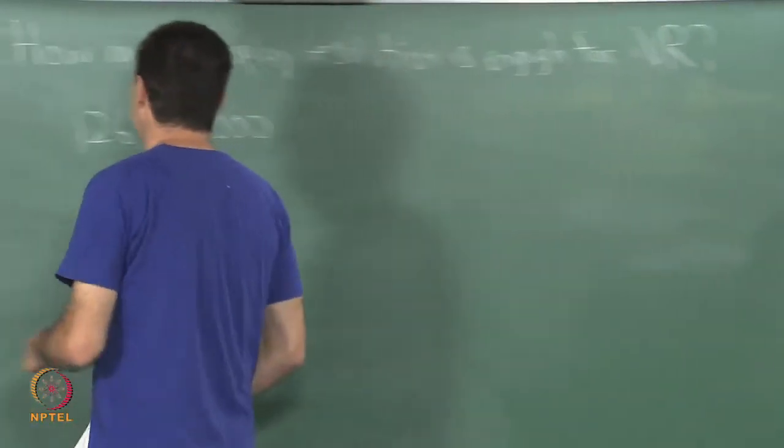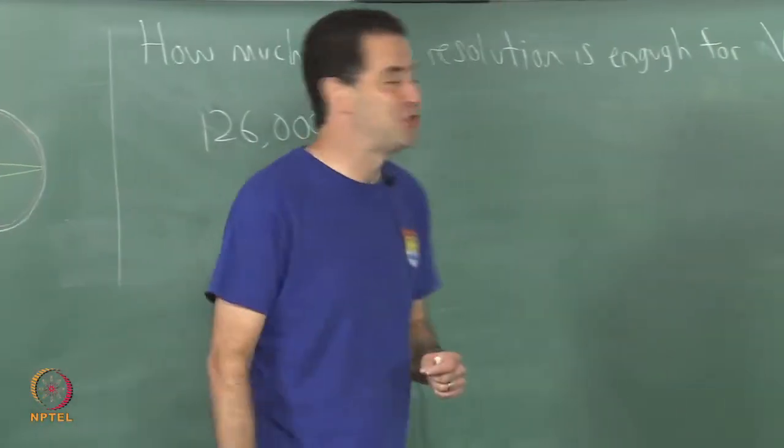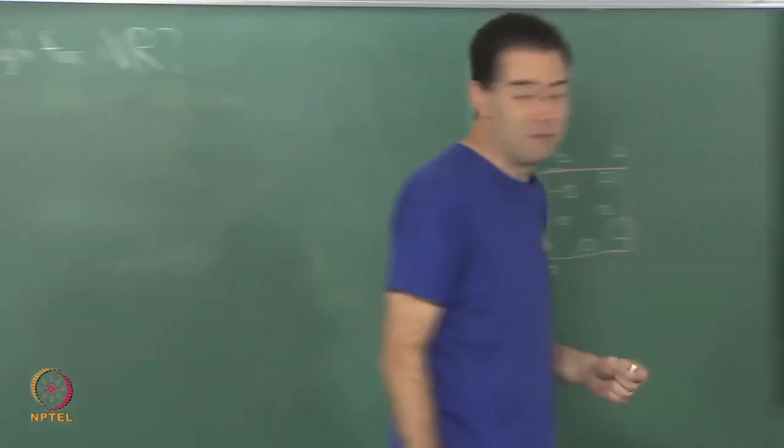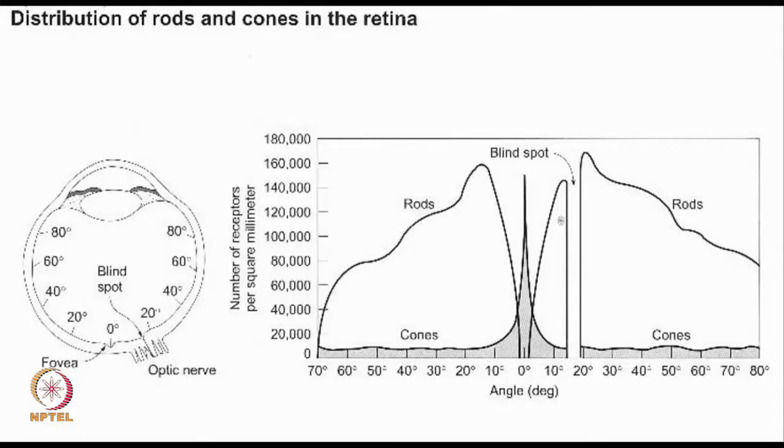Good, okay. Because the cones are all concentrated, as you can see from the picture, around the fovea, but the rods, there's quite a lot of them and they're distributed over a much larger area. So it makes sense that there are significantly more rods.